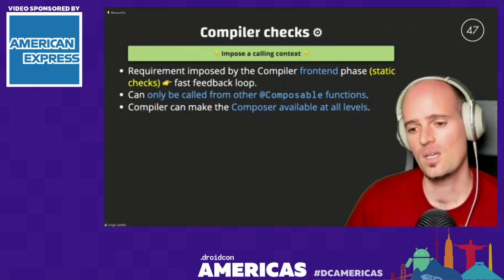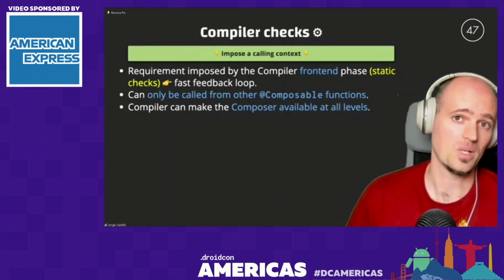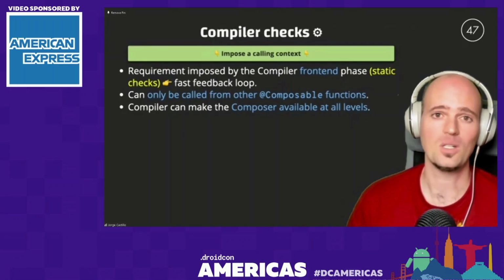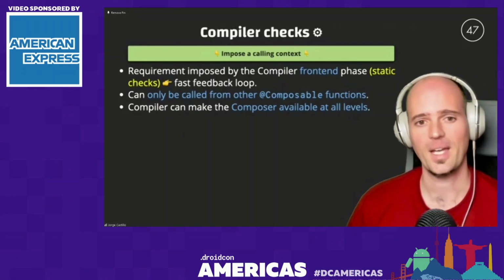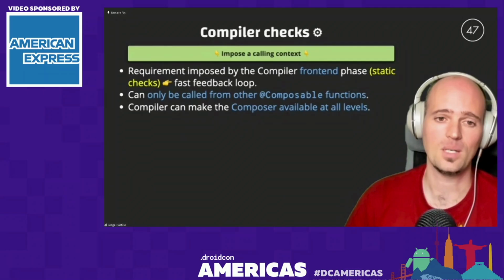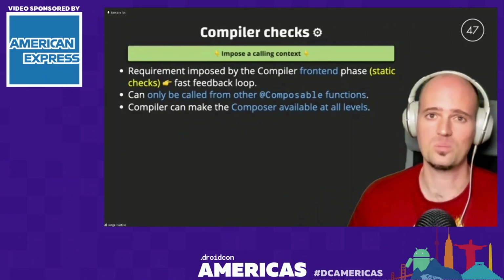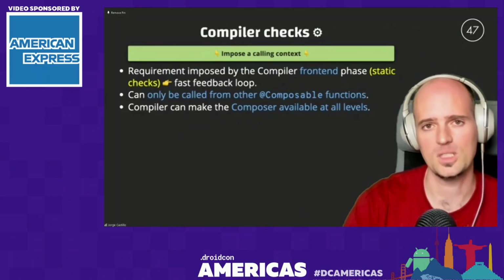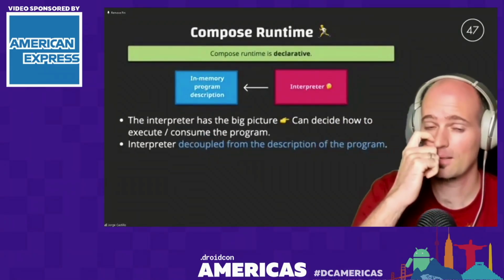This is good because that's how the compiler knows it's going to be all composable functions, so it can replace them by a new version of them, including the required metadata and passing the composer around, and there you go, the composer is available at all levels of your composable tree.